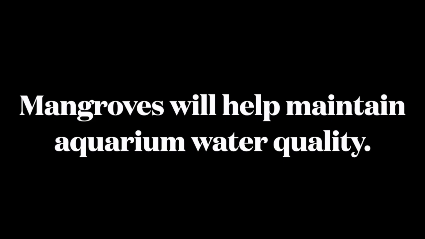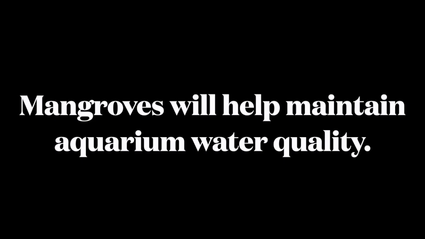And yet, I said, two-thirds of the people who use pothos will tell you it does not work. It doesn't take nitrates out. So it is entirely false that the plant will aid in water quality, the same as mangroves. Mangroves have never really been scientifically proven to clean aquarium water. This all started, I remember, back in the 80s, when people were putting mangroves into their saltwater aquariums because, ooh, they would help with water quality.